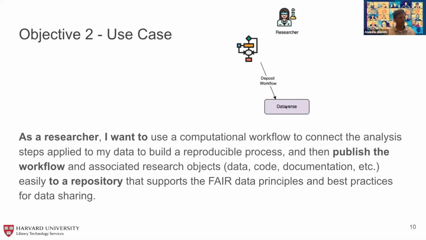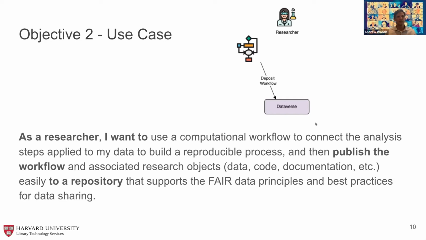So there are 4 top level objectives. And so the second one with Harvard Data Commons is the use case is, as a researcher, I want to publish computational workflows to a repository that has these same characteristics as the first objective.